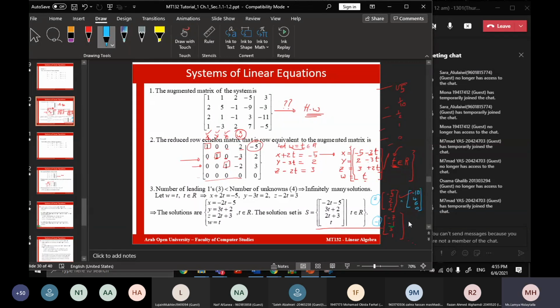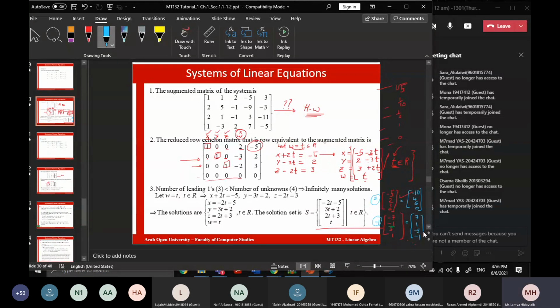Here, this one is equal to 7. And then minus 1 times minus 1 is 1. Minus 1 times 5 is minus 5. And then minus 1 times 1 is minus 1.